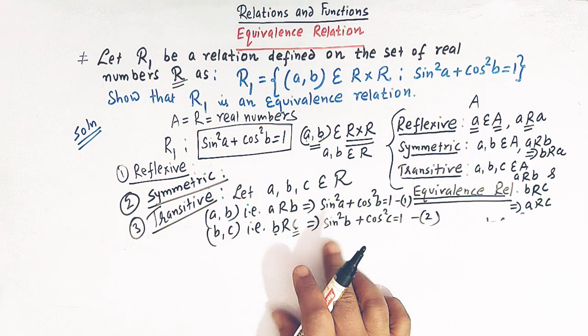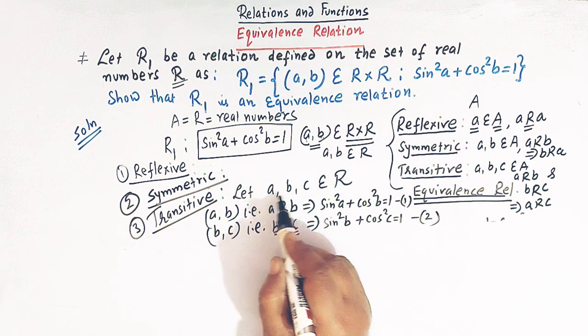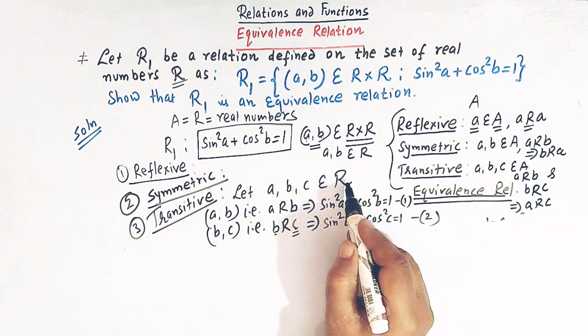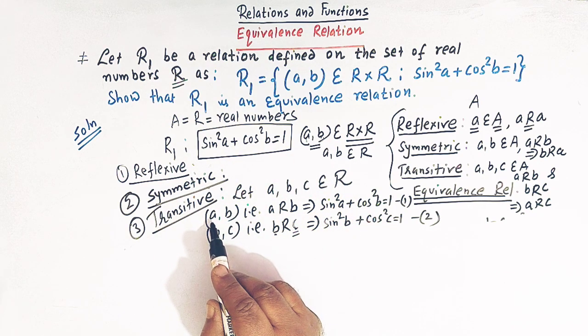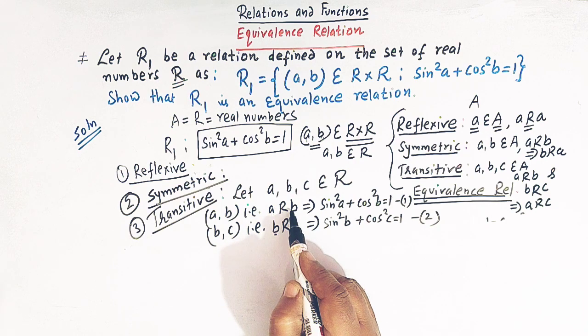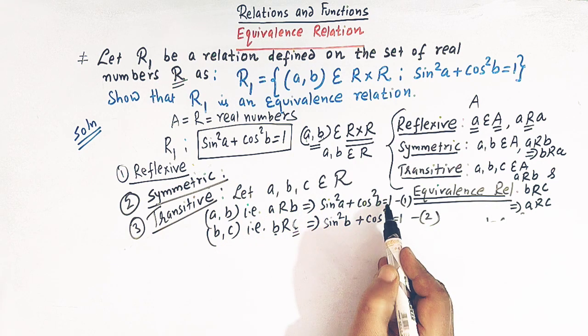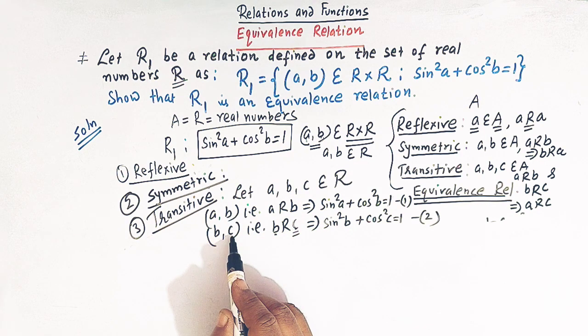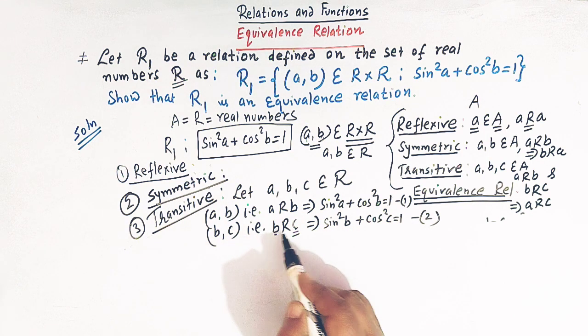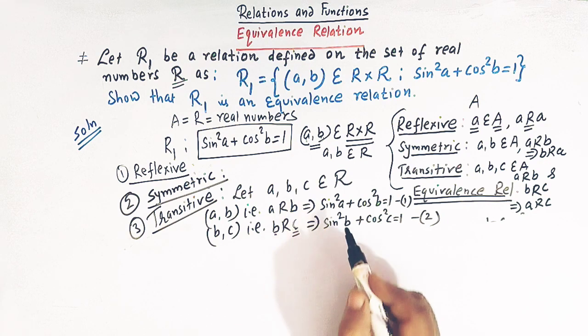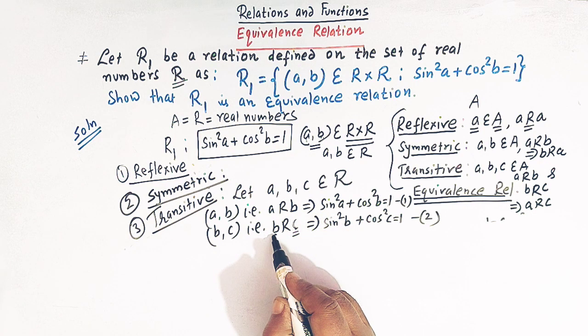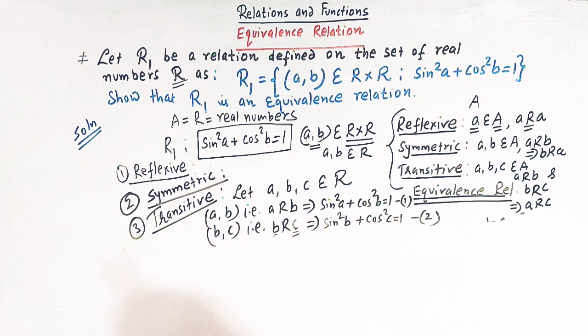So what we have done here, we have taken three elements A, B, C belonging to the set of real numbers. When we have the ordered pair A comma B, it means A is related to B, so sine square A plus cos square B is equal to 1. When we take the ordered pair B comma C, it means B is related to C, then we have sine square B plus cos square C is equal to 1.